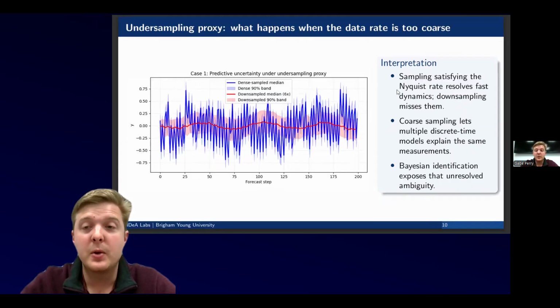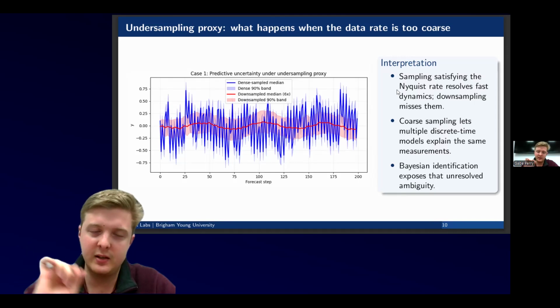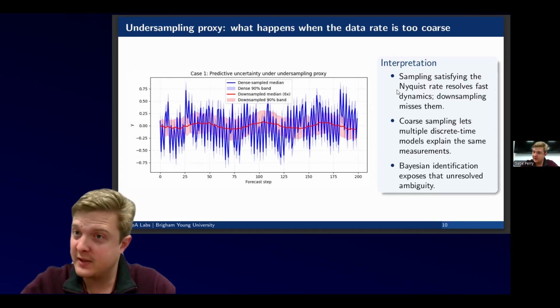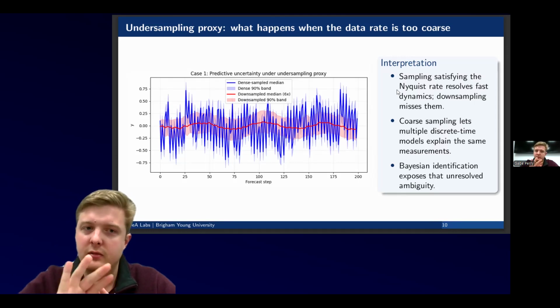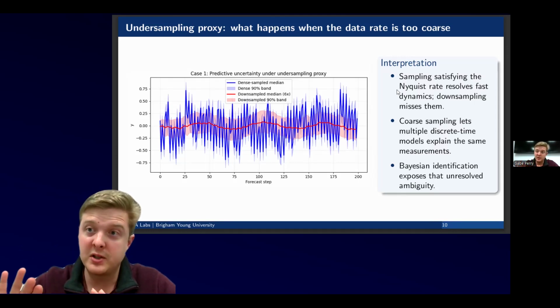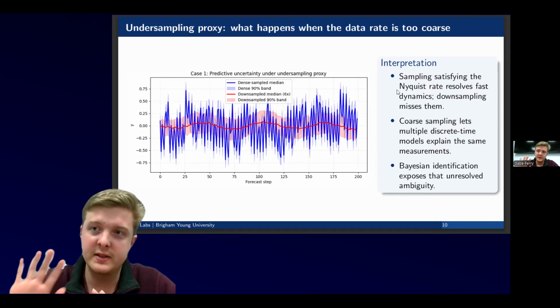Here's another case. The Nyquist rate is the slowest rate required in order to resolve high frequency data. Basically, if you don't sample fast enough, you aren't going to be able to see things that happen fast in your system. So here we have the blue system trajectory, and these are not the nominal plant, these are the trajectories from the learned models after we have performed system identification using our Bayesian method.